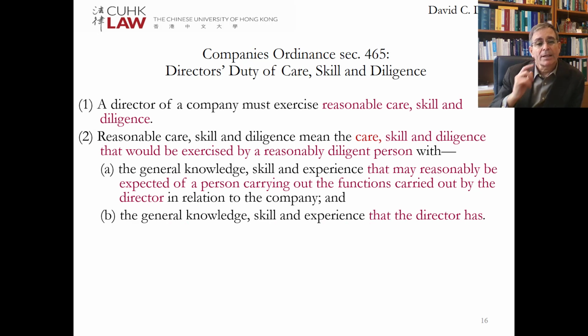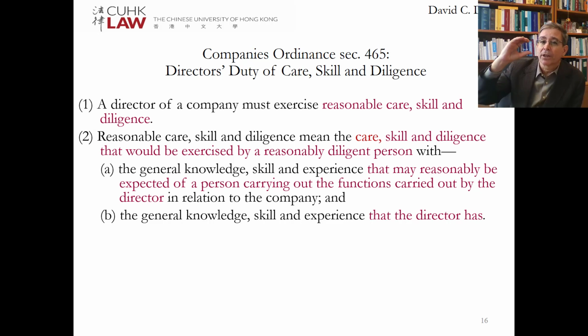And if the director has special skills, if you appoint a lawyer as a director, then you expect that person to have special legal skills. If you appoint an IT engineer or an accountant as a director, you expect the person to have those special skills because that may very well be why you appointed them as director.